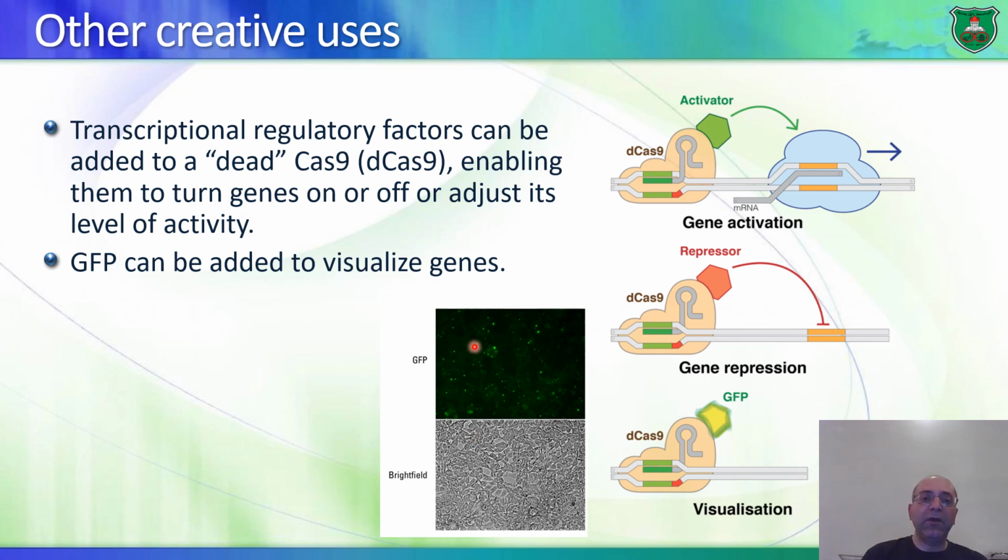So you can see in here, for example, these are cells under the light microscope, and these are the same cells, and the ones that fluoresce, that give this green color, are the ones that have the Cas9 system, or the Cas9 protein. So we can study specific cells as well.